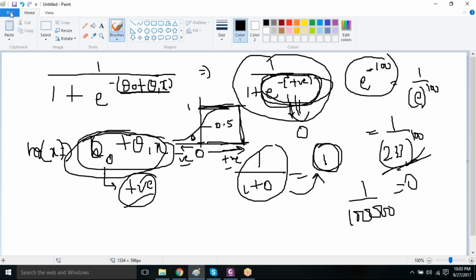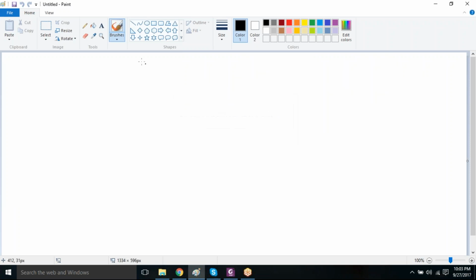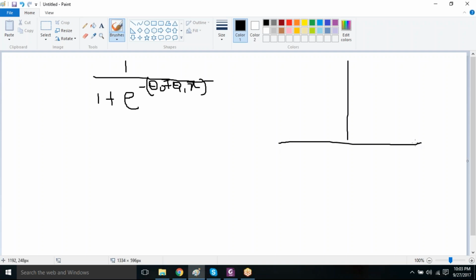Now again the same thing. Suppose this is there. You first remember this function; it is very important to see the function. This is positive infinity and this is negative infinity.